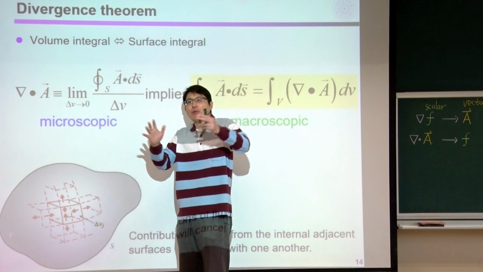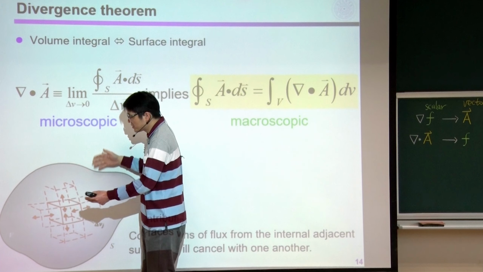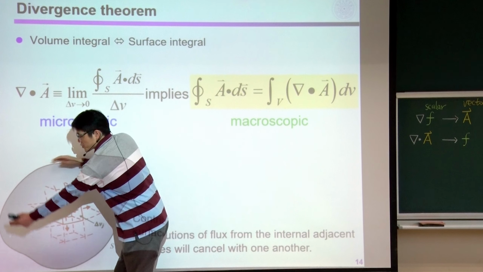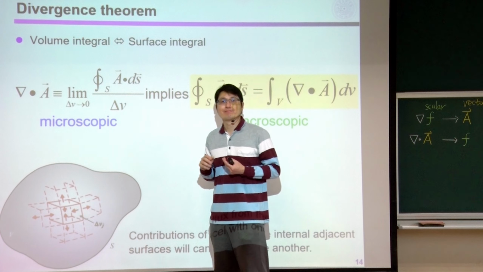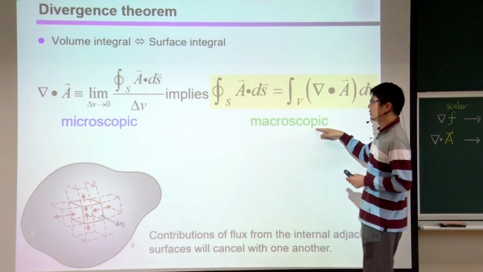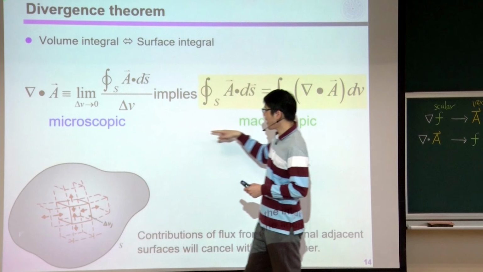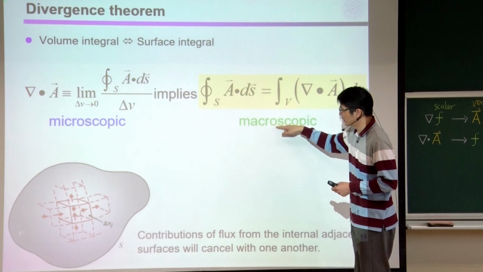But what about the overall structure? What if I only want to know the divergence of the entire structure? I want to know the macroscopic view, 巨观. Microscopic, 微观; macroscopic, 巨观.